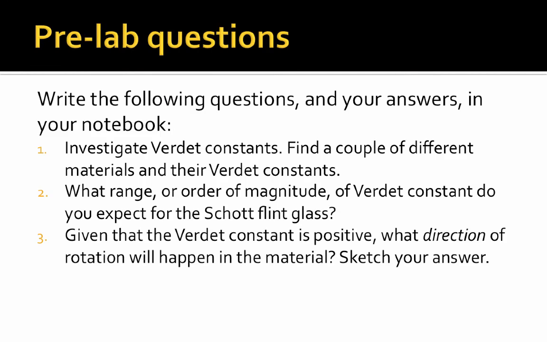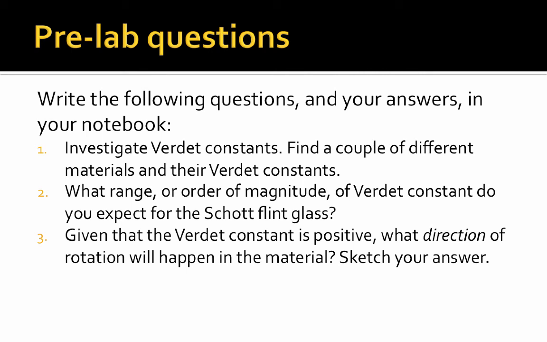The pre-lab questions are to look up some Verdet constants. Just do a little bit of searching wherever you'd like to look for different materials and Verdet constants and write them down. And get an idea of what you think you should get for the Verdet constant of the shot flint glass. And for the third question, given that the Verdet constant is positive, sketch what's going to happen as the laser passes through the material.